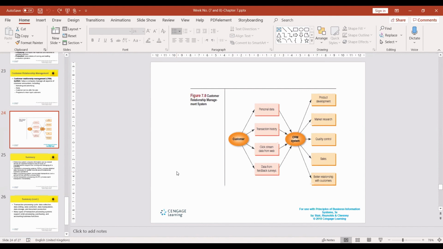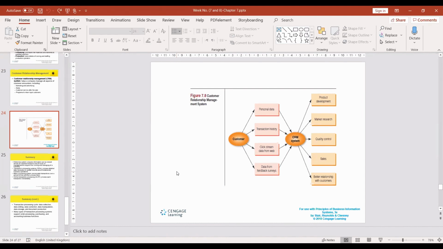This different type of customer data will be entered into the system as input, and then the system will do different things like product development. We need to improve the products, we need new products. Market research: what is marketing doing, how are the competitors doing. Quality control: you can get information about quality and chances to improve it.